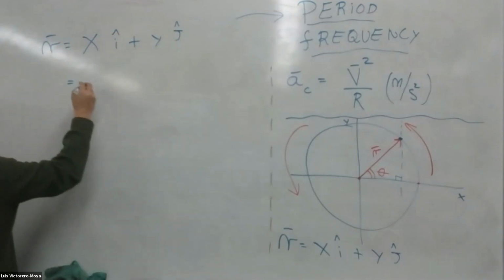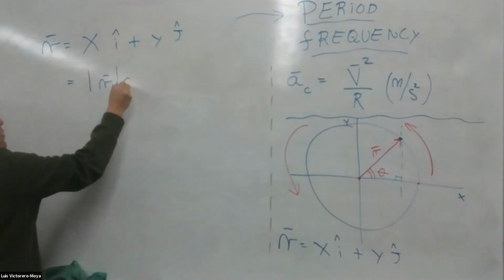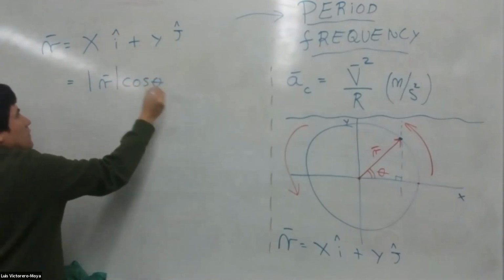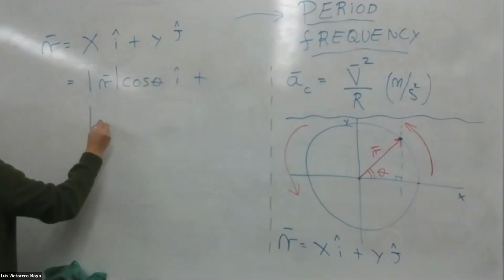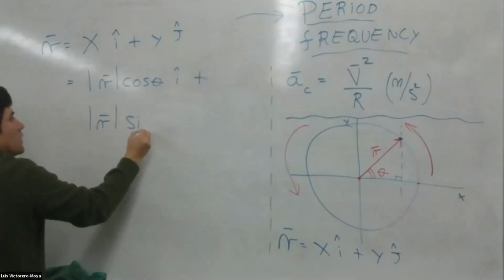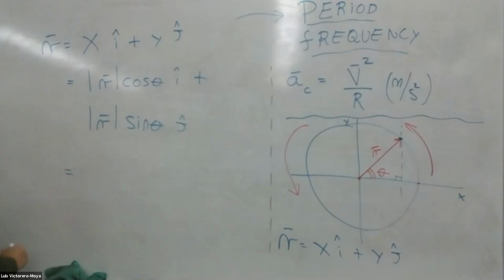If I break the vector into components, it will be the magnitude of r cosine theta i plus the magnitude of r sine theta j. But what was theta? Omega t.